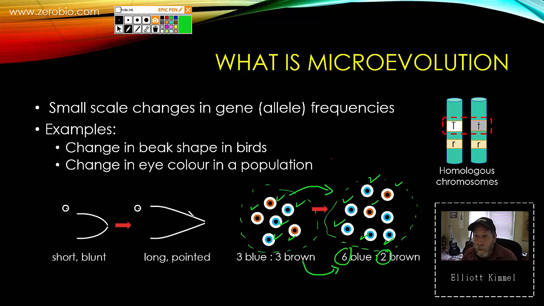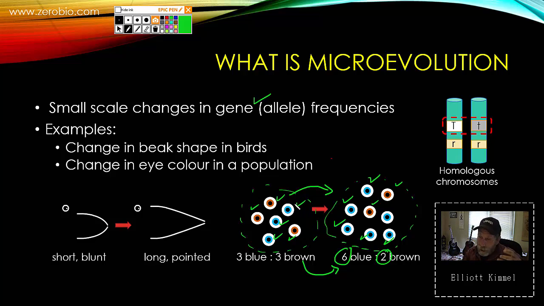This is microevolution, small-scale changes in particular traits that result from changes in the genes. How could the genes change, or how could we get new genes? In this case, we didn't get new genes, we just had the same genes in this gene pool, collection of genes.